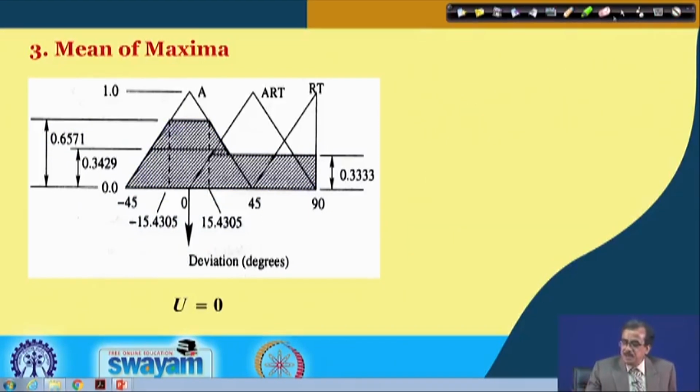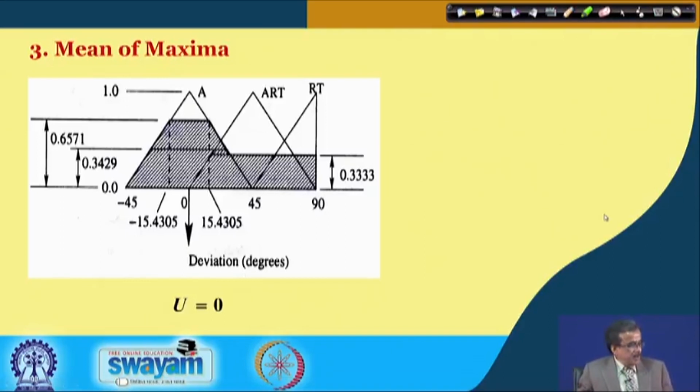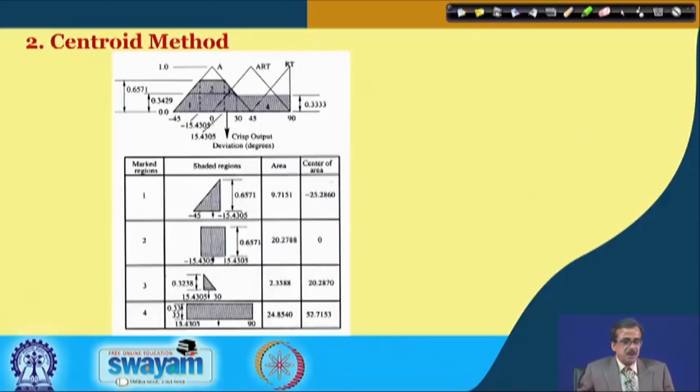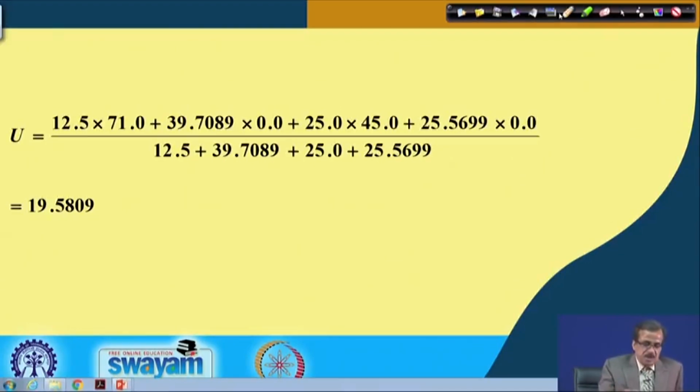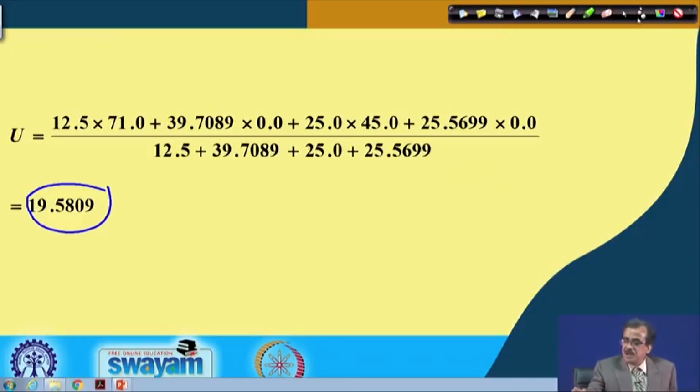Now, you see the problem. Using three different methods of defuzzification: in the first method, we have got the crisp value for the same set of inputs as 19.5809, using the centroid method.